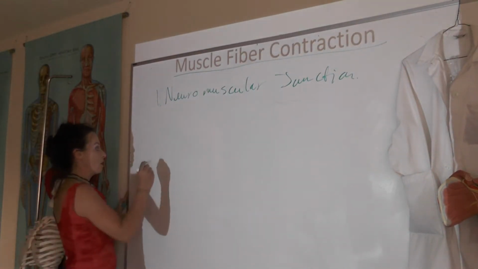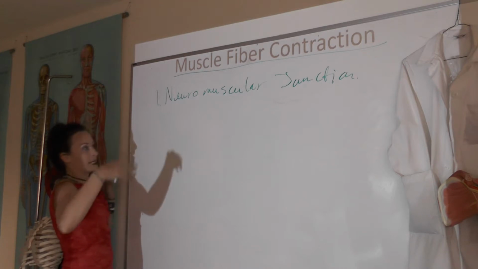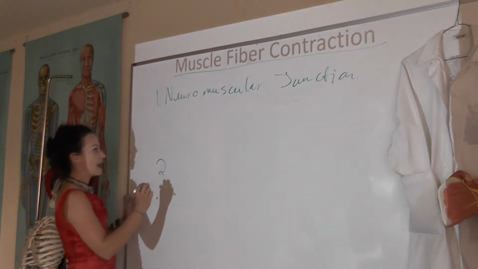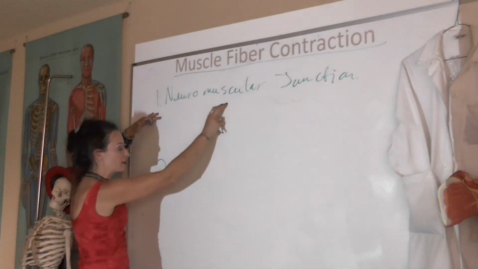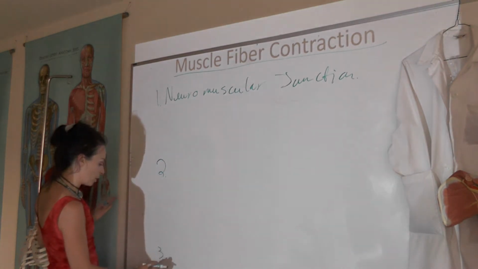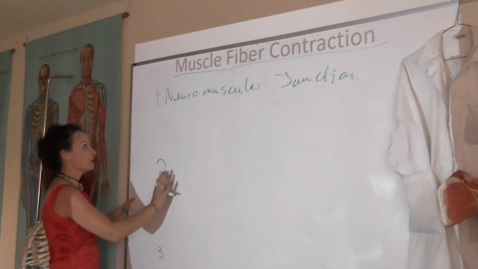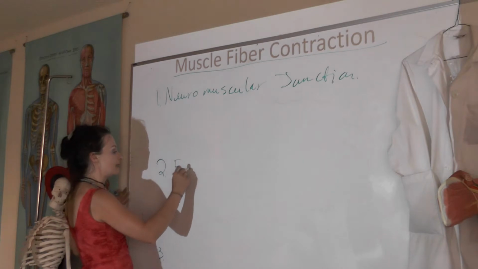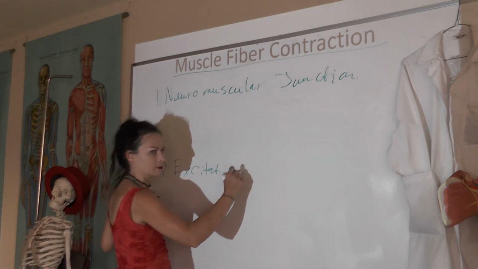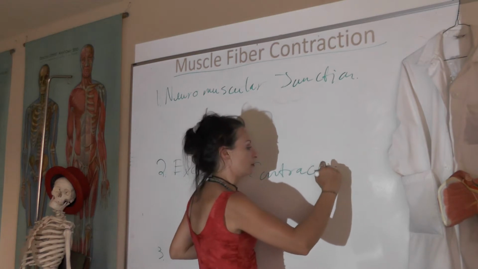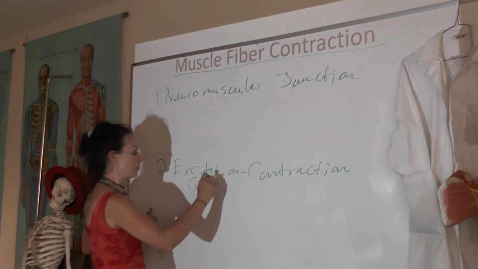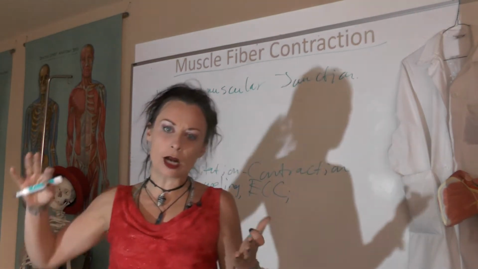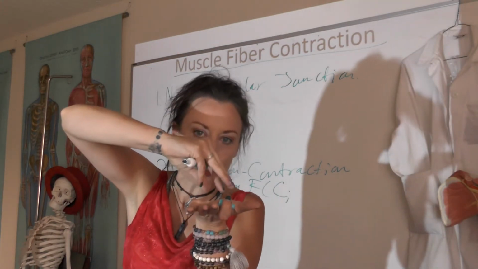All right, so the second event after stimulation at the neuromuscular junction is going to occur as we have this excitation of our skeletal muscle that will be coupled to the actual contraction. So the second step in muscle fiber contraction is what's called excitation-contraction coupling, which I will from now on abbreviate as ECC, and the anatomical structure or location that this is occurring is what's called the motor end plate.